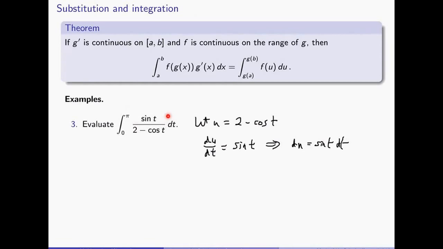So let's see, the limits. The lower limit is when t equals 0. So u is equal to 2 minus cosine of 0, which is 1, so that is equal to 2 minus 1 equals 1.